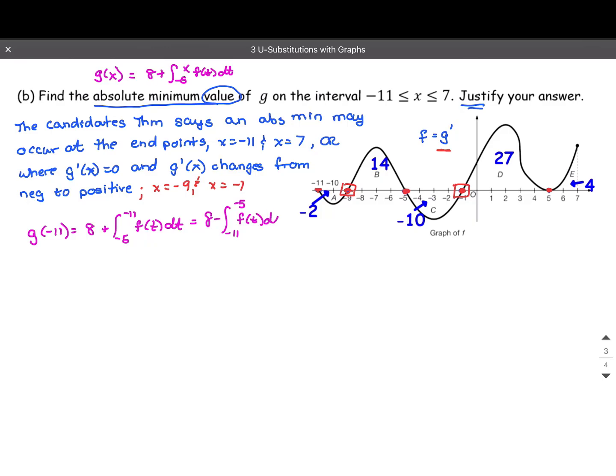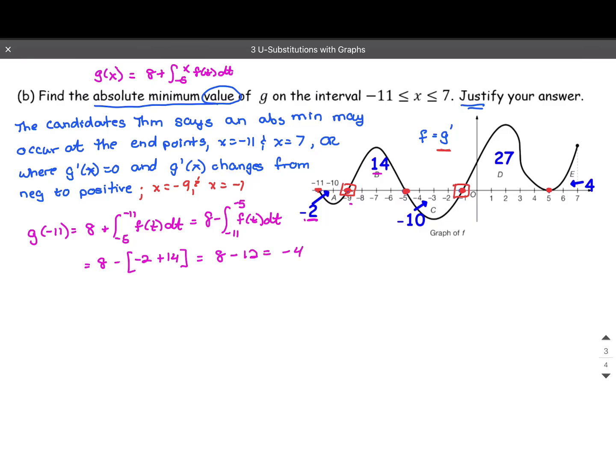So now that's 8 minus, now to go from -11, we've got this -2 in here, and then from -9 to 5, we've got 14, so we have to add 14. So if we add all this up, it's 8 minus 12, which is -4.